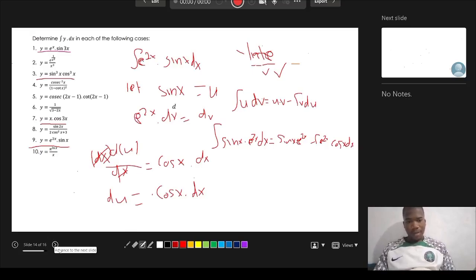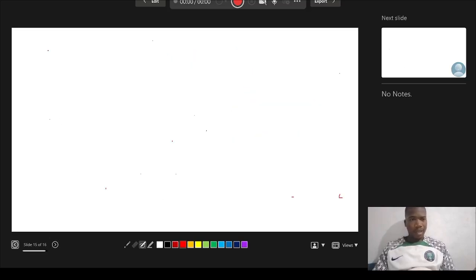So now we have to integrate e to the power 2x multiplied by cos x dx, right? So still we follow the same procedure.